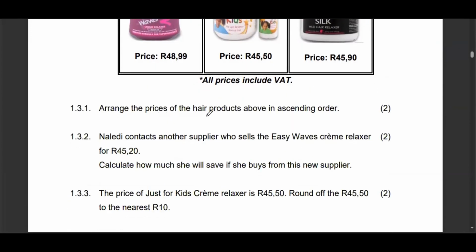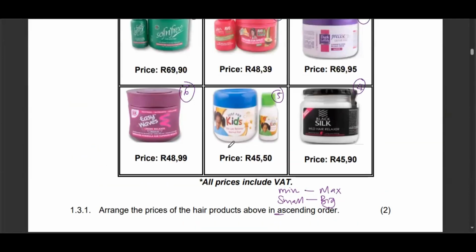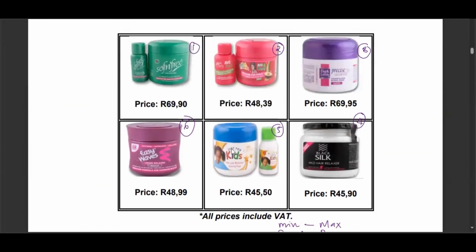Arrange the prices of hair products in ascending order. When you hear ascending order, we shall start from small values to big values, or you can say from minimum to maximum. So which of these values here is the smallest?